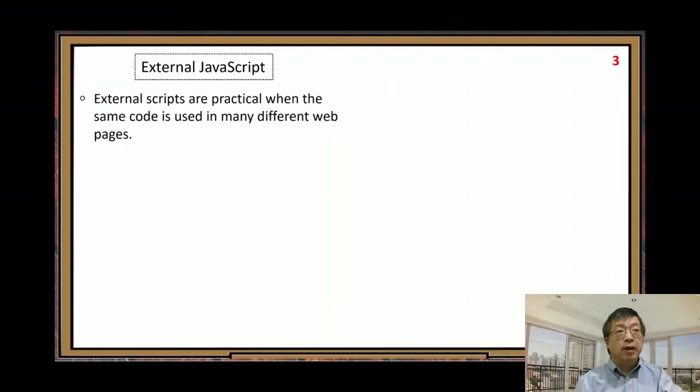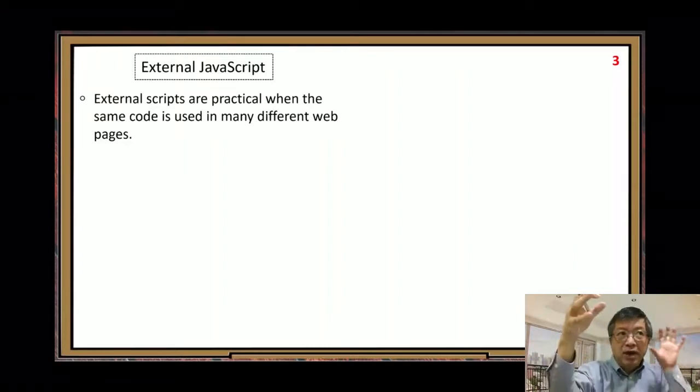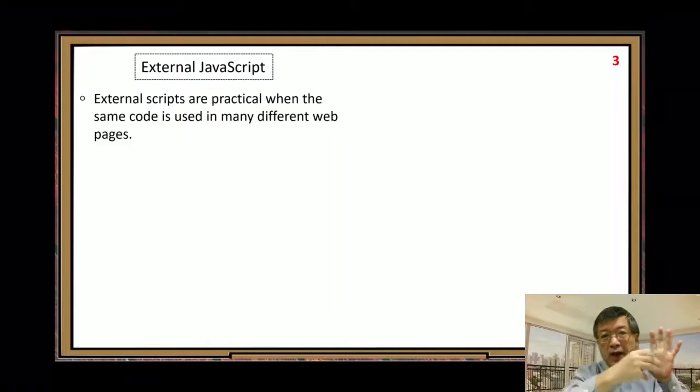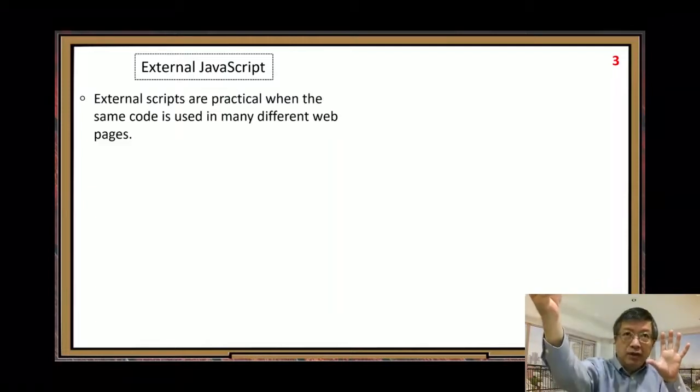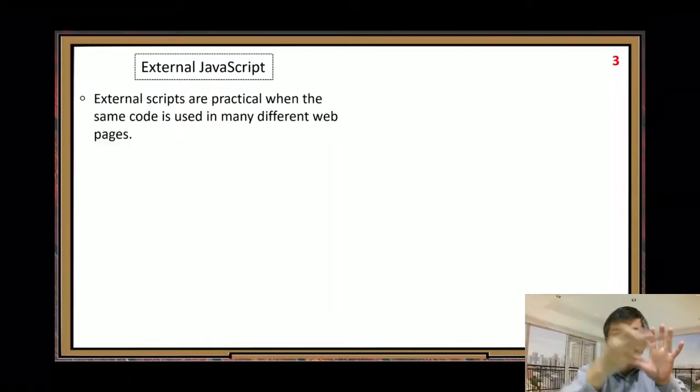In that case, we can still connect the current HTML document and the external JavaScript file. We connect them so we can call JavaScript functions defined in an external file. This is very convenient when you have relatively more JavaScript functions.